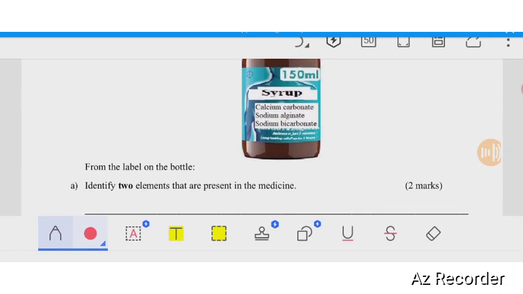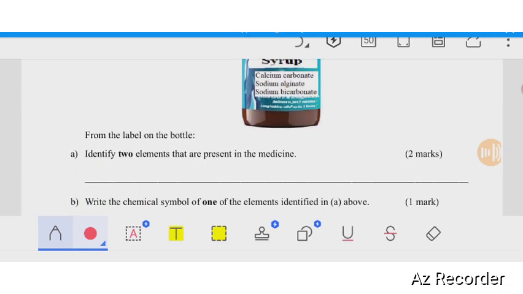So we have the obvious ones that you can see. The first element that you can easily see is calcium. So you can write calcium. The second one that can be seen straight away is sodium.